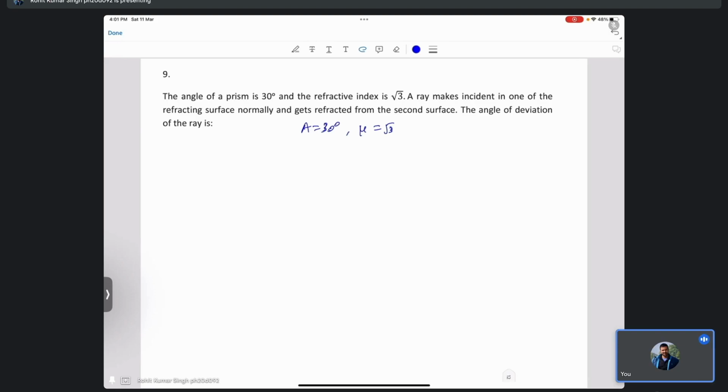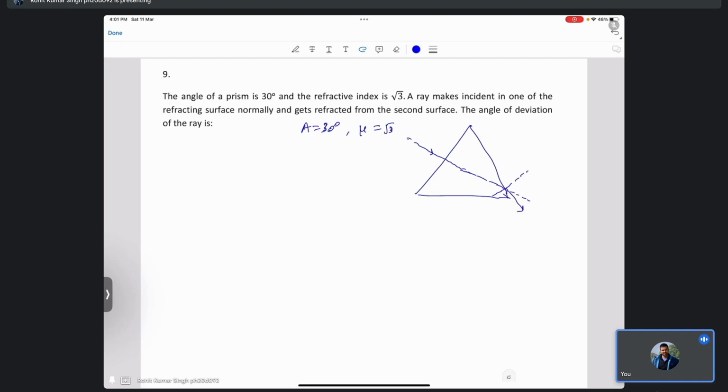Find the angle of deviation of the ray. So what's happening is, this is the normal, and the ray of light is also incident along the normal. And this is the normal on the second surface, and here it's getting deviated like this.